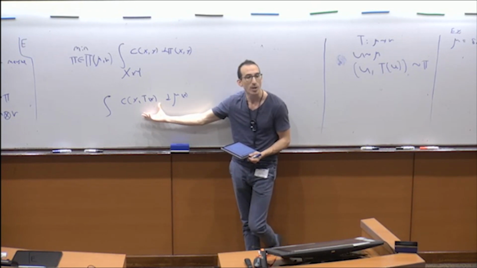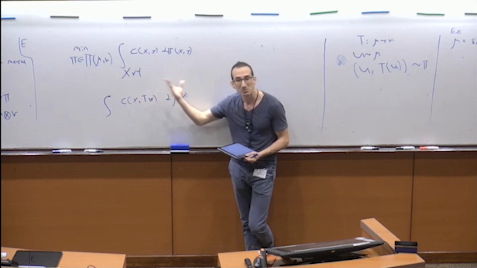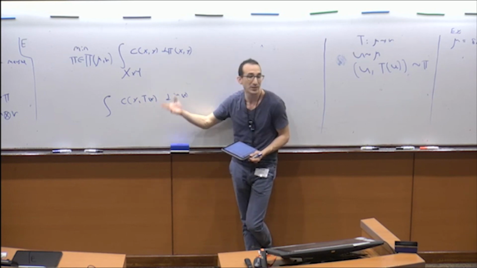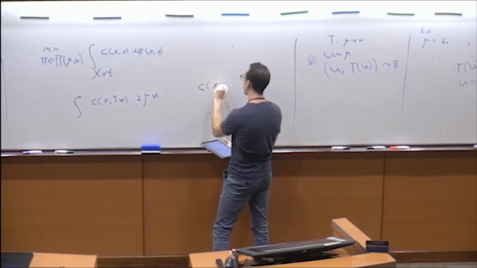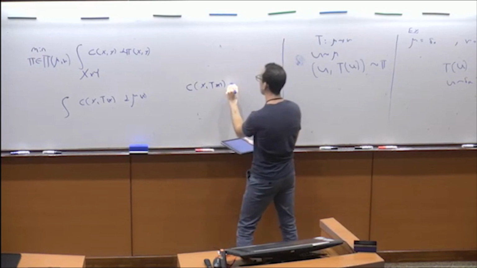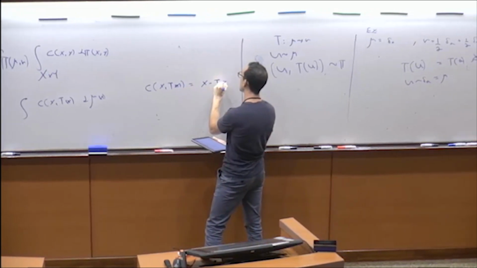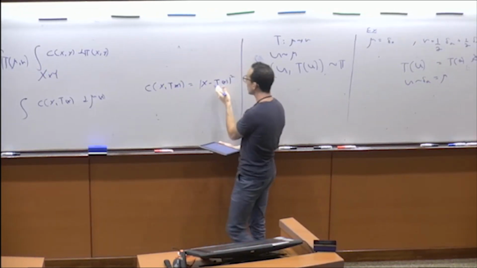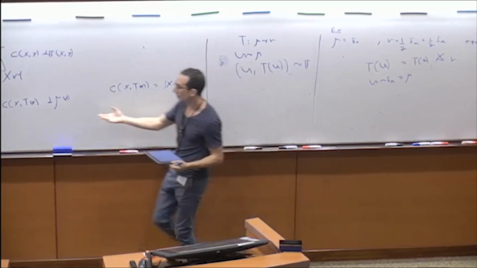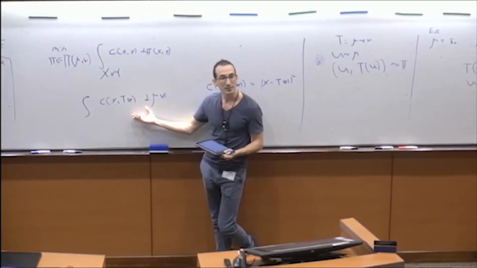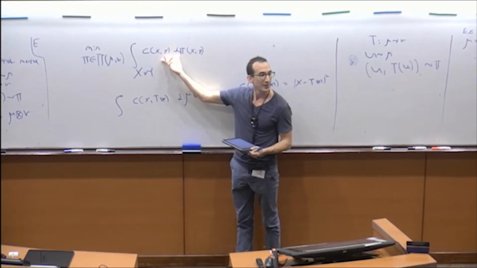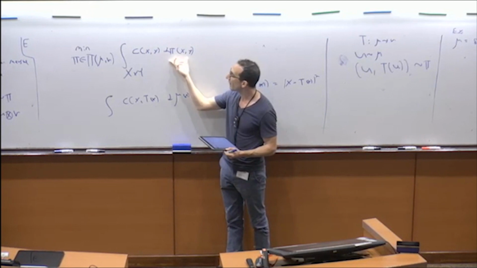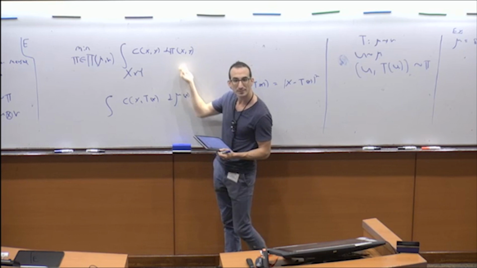This is not a linear problem in T, because c can be very complicated, but even if it's quadratic, say, one example that Sinho will talk about in the next lecture would be |x minus T(x)| squared. Pretty nice, but this is still not going to be linear in T. Here, on the other hand, it doesn't matter what the cost is. This optimization problem is linear in pi, which is our variable.